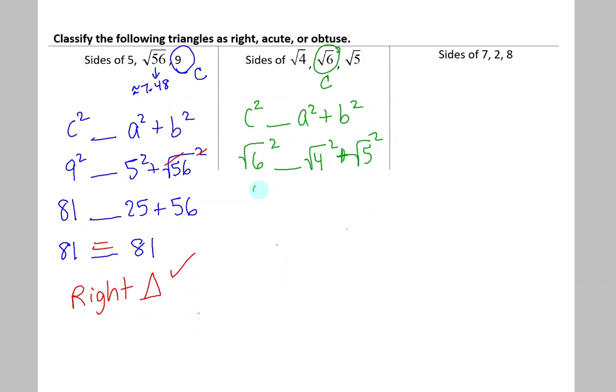Square root of 6 squared is just 6. Remember how the square cancels out the square root, and the same thing happens on this side. 6, how does it relate to 4 plus 5, which is 9? 6 is less than 9, so this makes an acute triangle, not a right triangle.